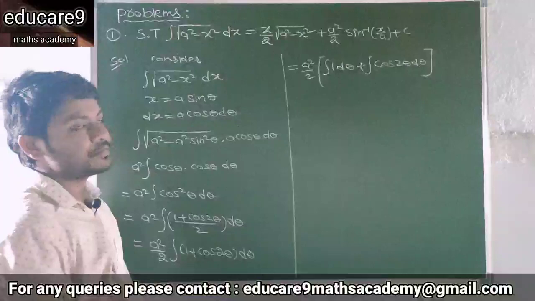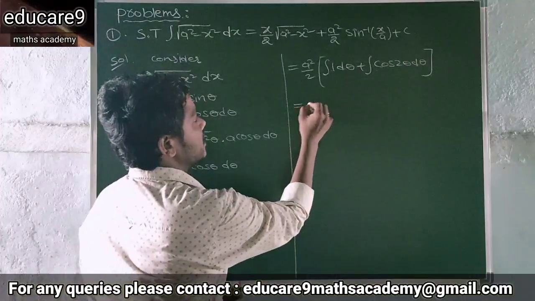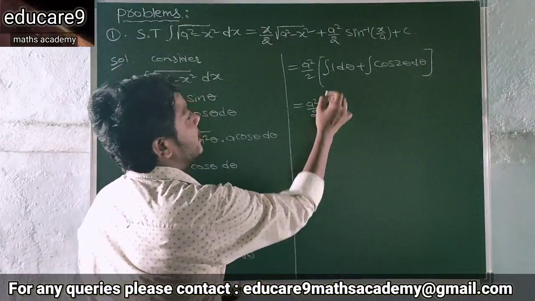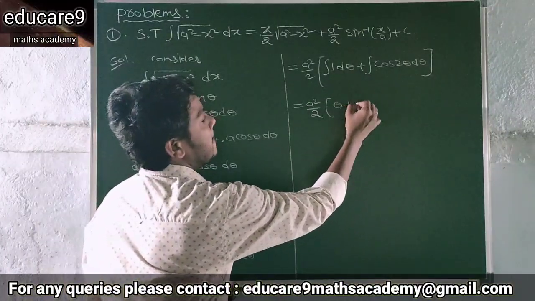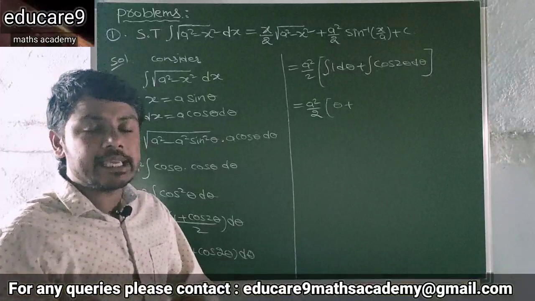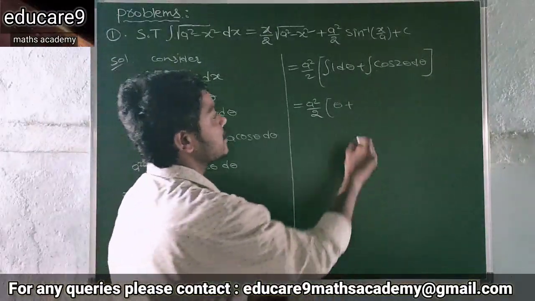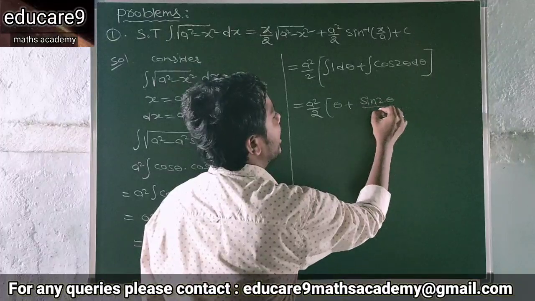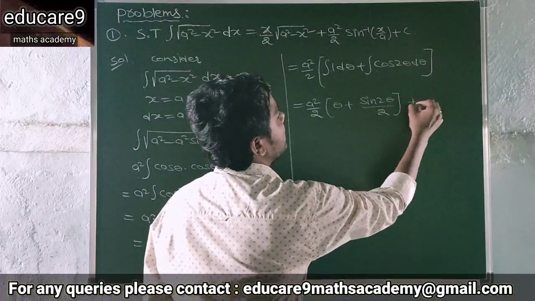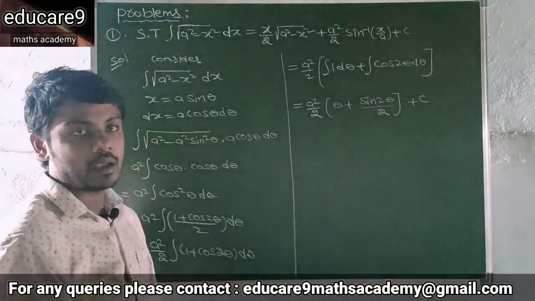Okay. So this is a square by 2. Integration of 1 d theta is theta plus integration of cos ax, that is sin ax, that is sin 2 theta divided by 2 plus c. Okay.